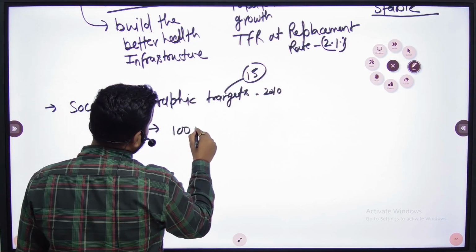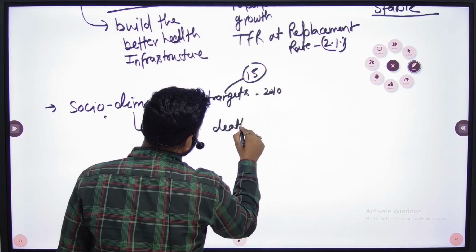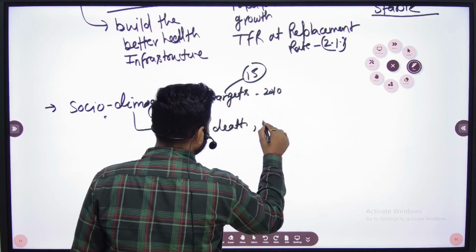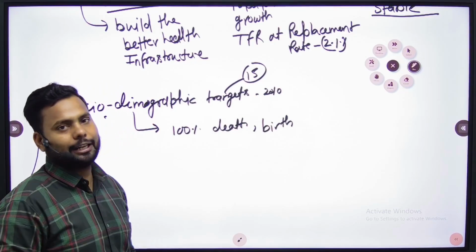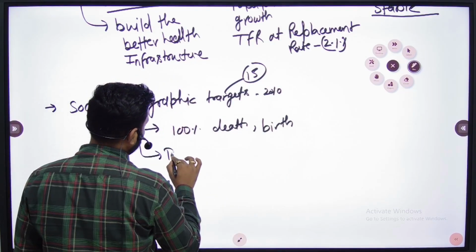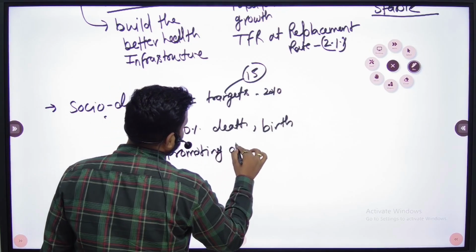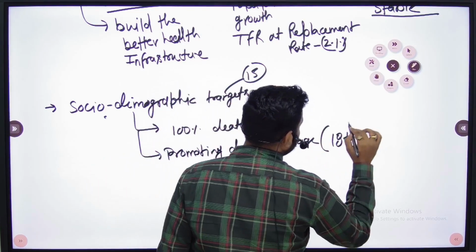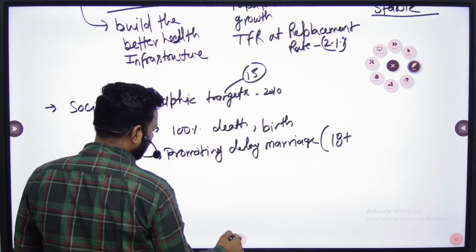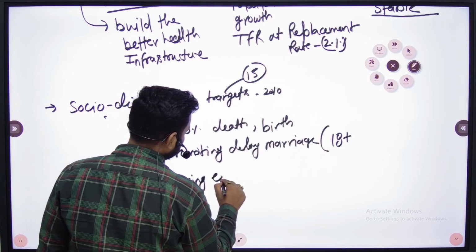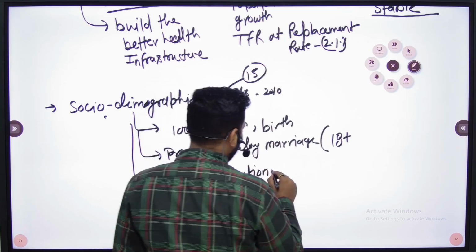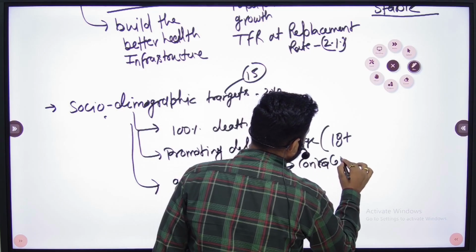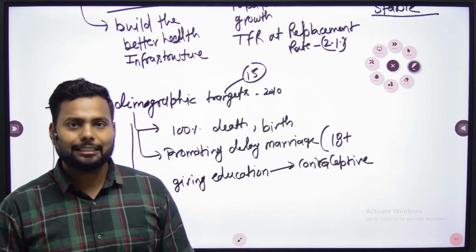One is 100% registration of birth and death, 100% registration of birth and death should be done. Next, promoting delayed marriages of girls, 80 plus, and awareness and education about contraceptives. These are some targets you should mention.